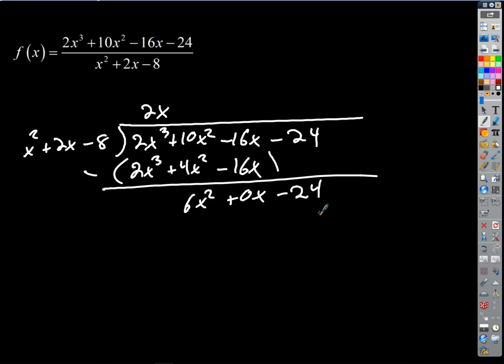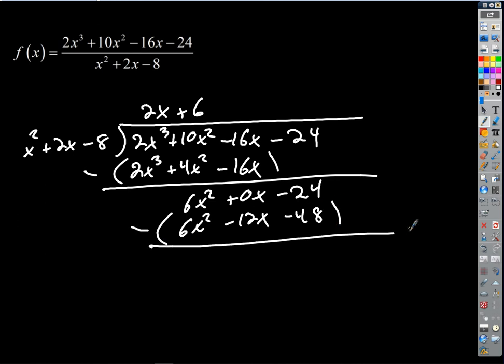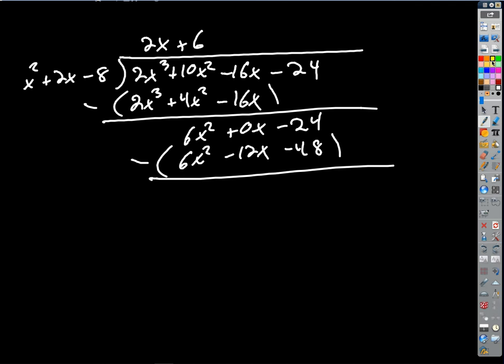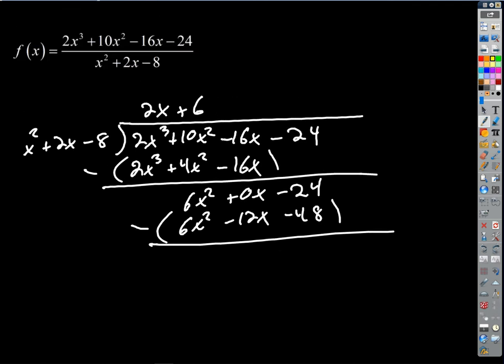X squared goes into 6x squared 6 times. Multiply through by 6: 6x squared plus 12x minus 48. I'm going to subtract the whole thing. Did I mess up? Oh, it's plus 12x. You're right.